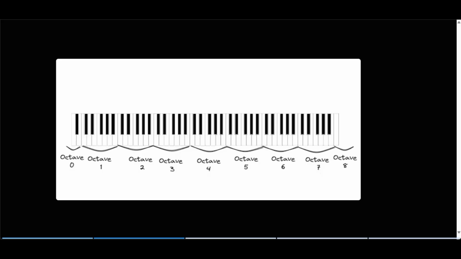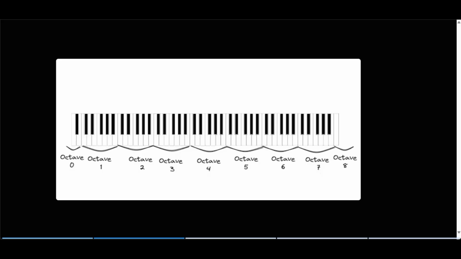So this is octave 0 actually, because before octave 1 is octave 0, obviously. This is A0 because of that. This is B0. This is C1, D1, E1, F1, G1, like that.